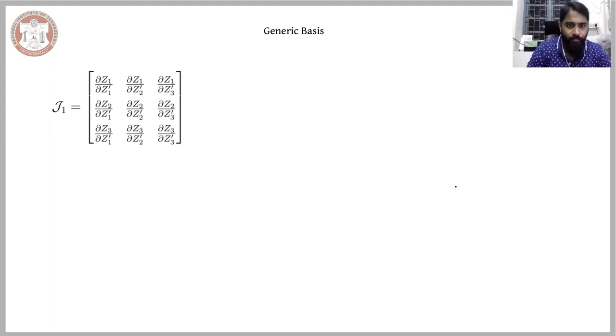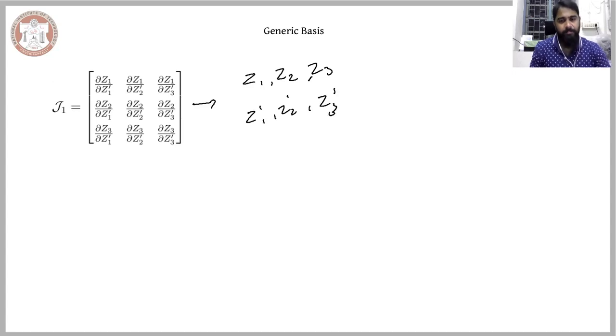Now from this Jacobian J1 here, we will be able to isolate what are the frames of reference that we are considering. From this Jacobian expression here, we can say that the frames of reference that we are considering are Z1, Z2 and Z3. I'm from India, so I'll say Z1. And the other frame of reference that we are considering is Z1 prime, Z2 prime and Z3 prime.